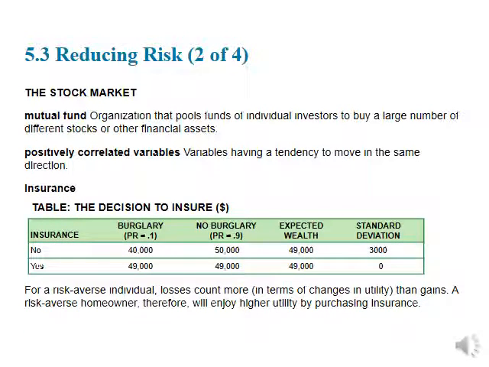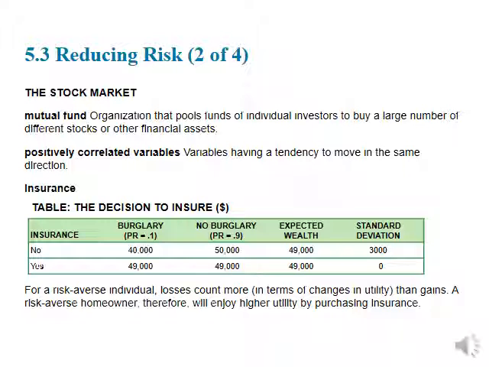In practice, we see this sort of diversification when people invest in the stock market. Rather than picking individual stocks, people tend to invest in things like mutual funds, which pool a bunch of money from a bunch of different investors to buy a whole bunch of different financial assets.